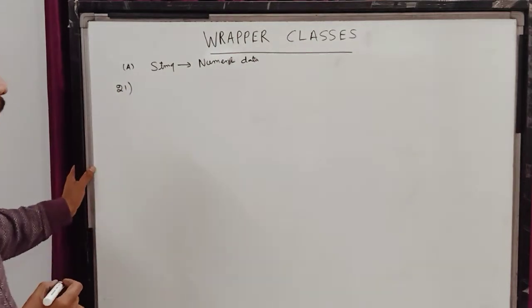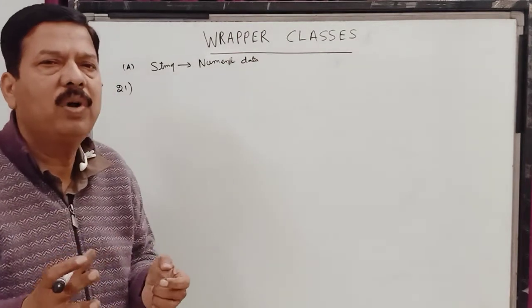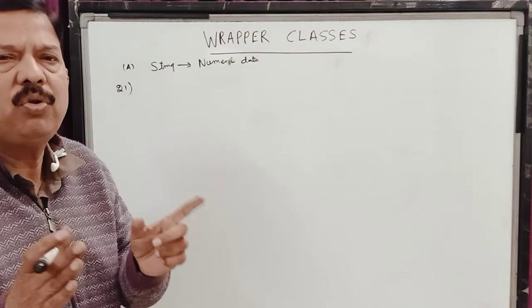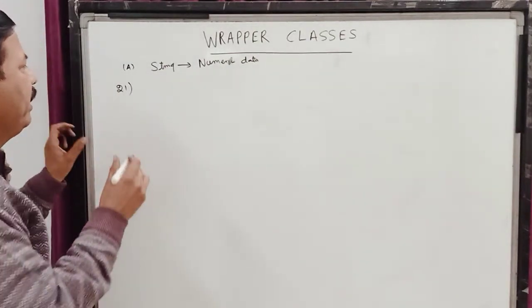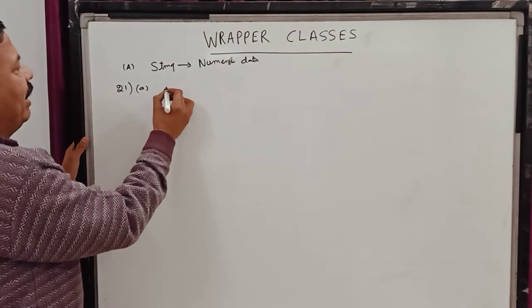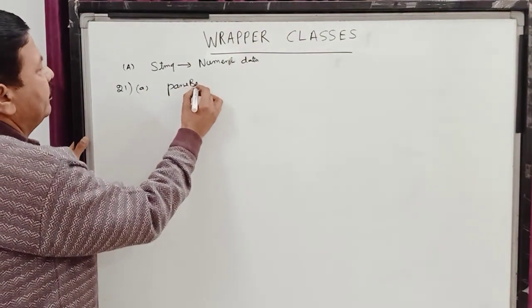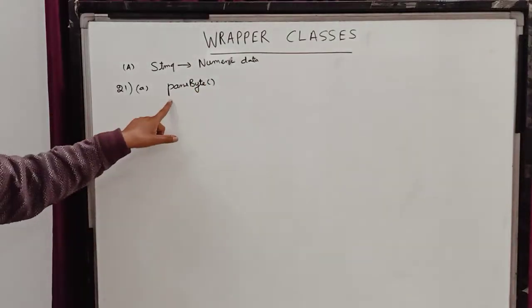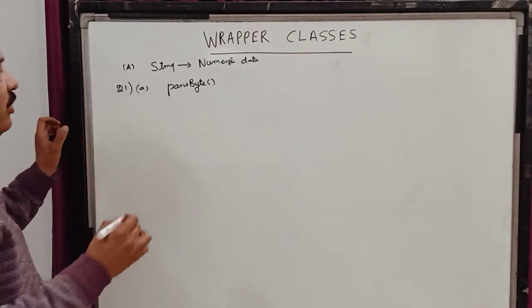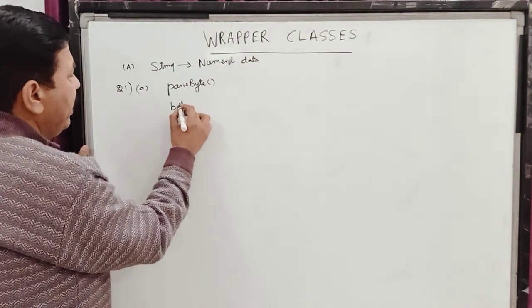And children, for the functions which we are writing over here to convert string data into numeric data, we have two types of functions. First is a category which I say 21a, this is parseByte. This is the function parseByte, and children, this is going to convert my string data.